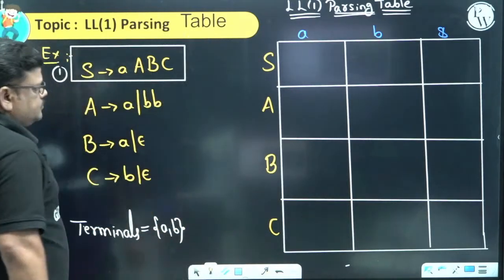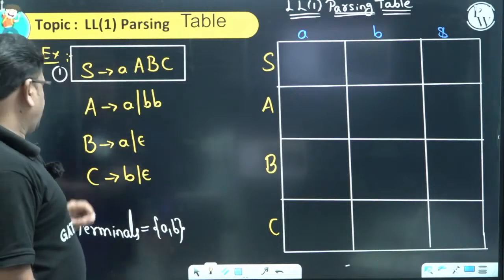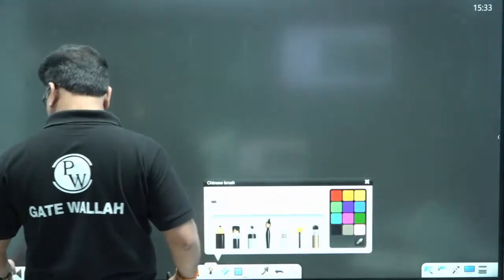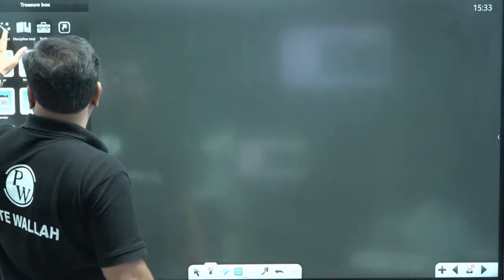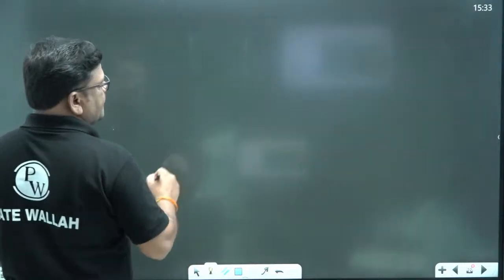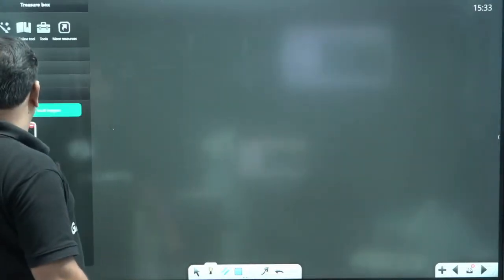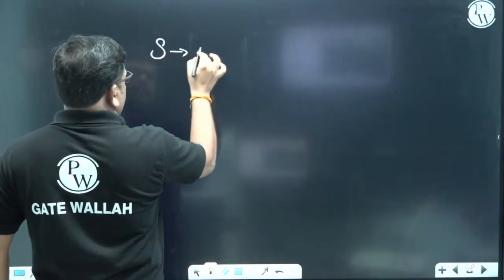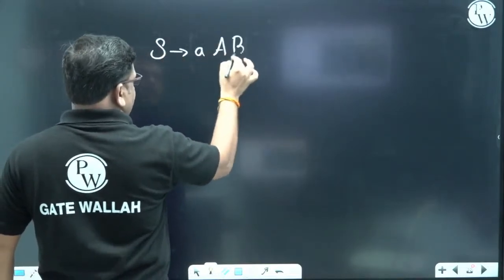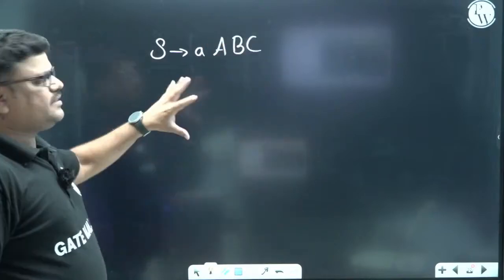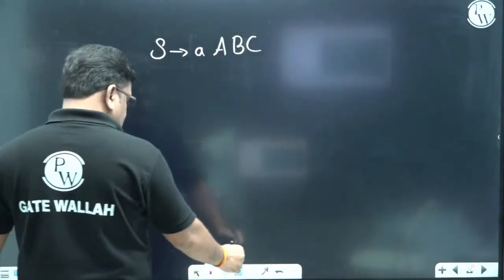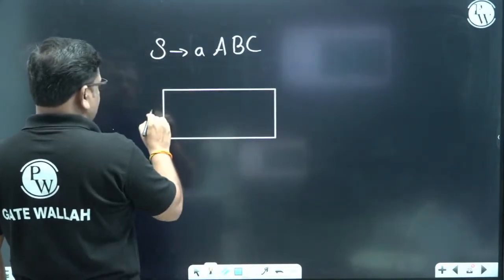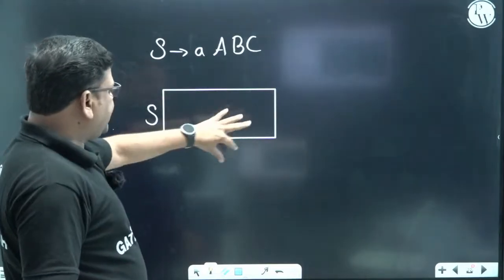For every production, the row and column will be calculated in this way. Assume we have this production. For this corresponding production, the row is nothing but the non-terminal. How to identify the column?